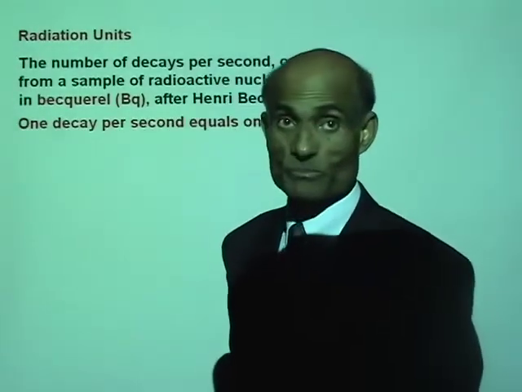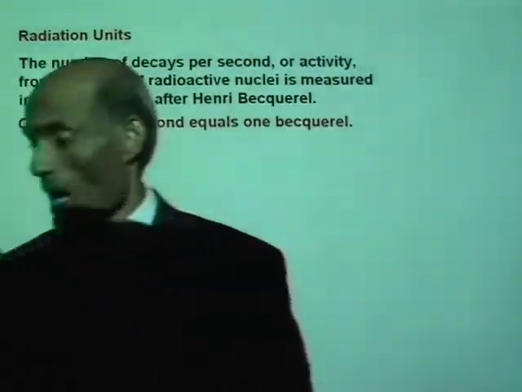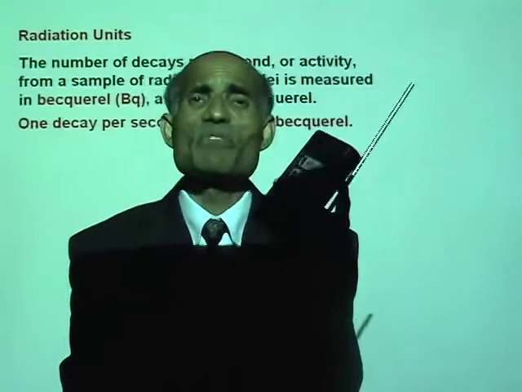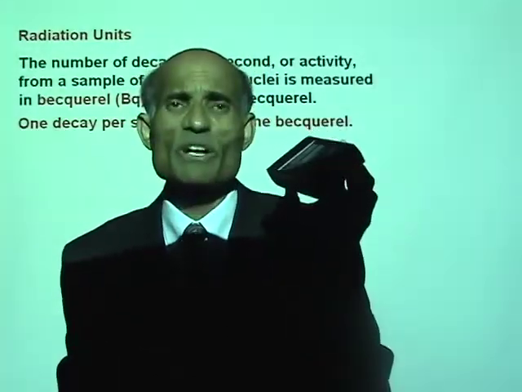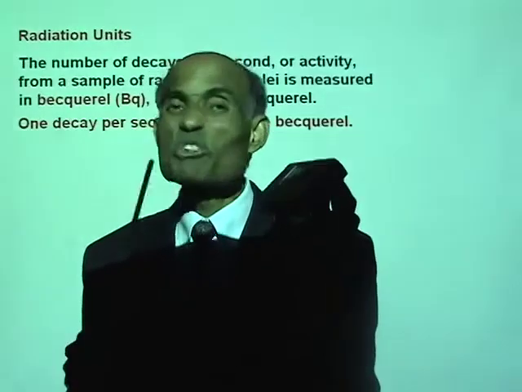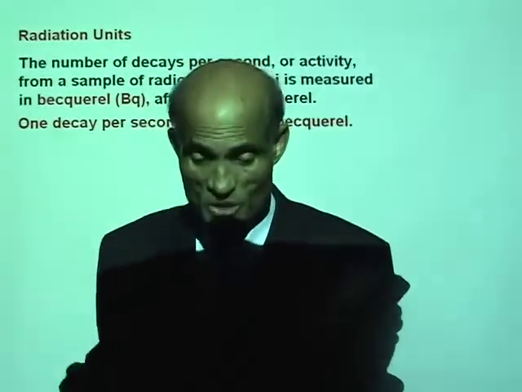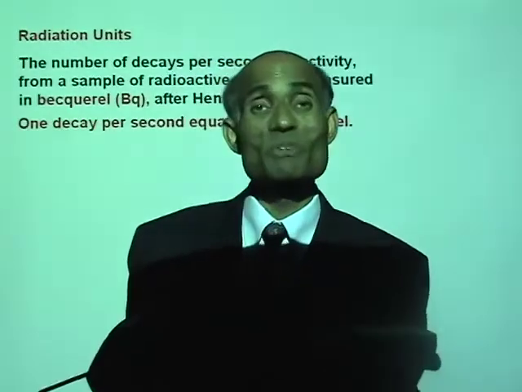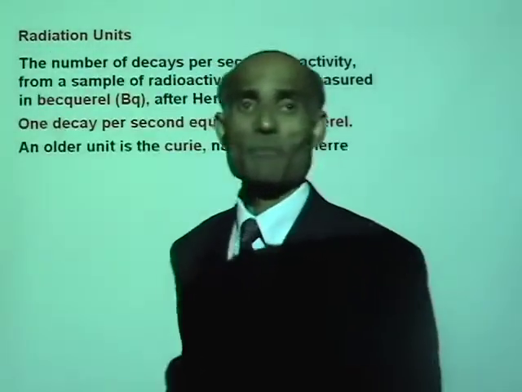Now, if 1 decay per second is 1 becquerel, how many becquerels did we have here? We had about 500 in about 30 seconds. So you can see that radiation produced by these simple materials is a large amount of radiation.